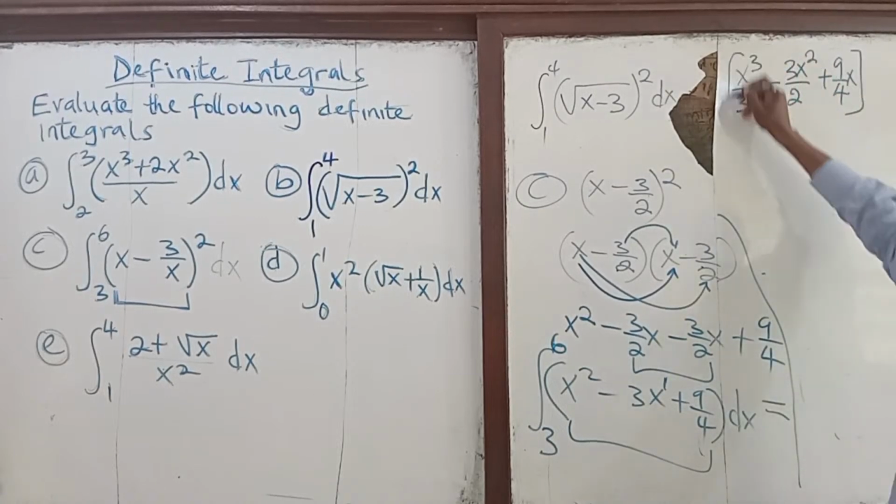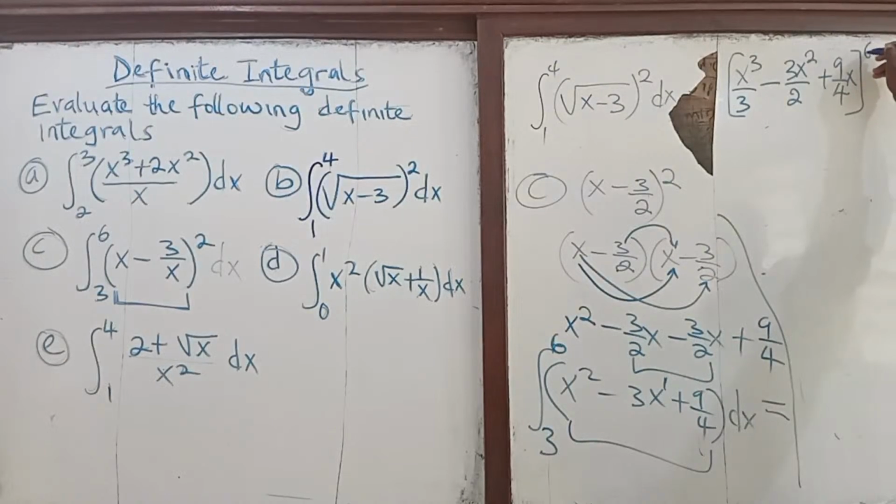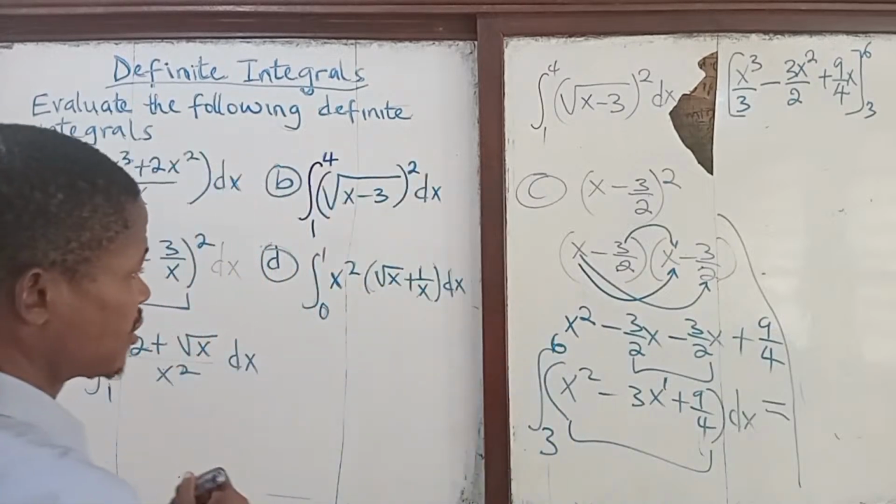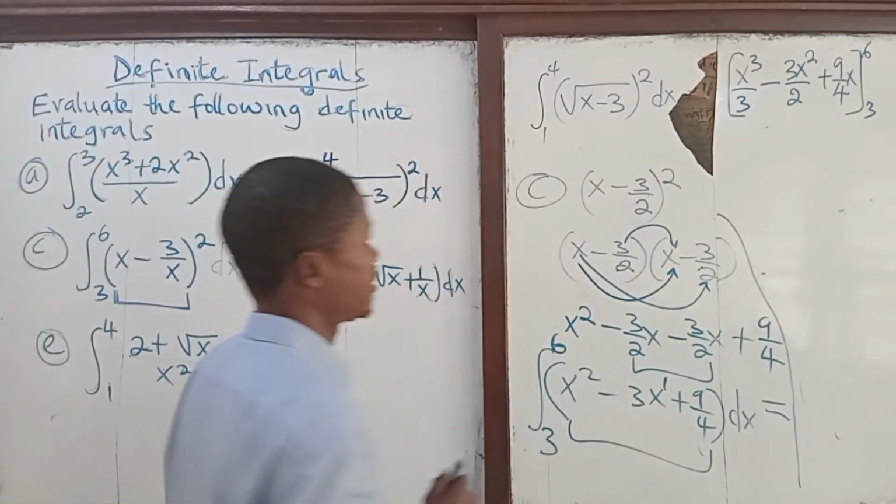So then let's begin to make substitution. 6 for the upper and then 3 for the lower. Now this place is 3 over 2.